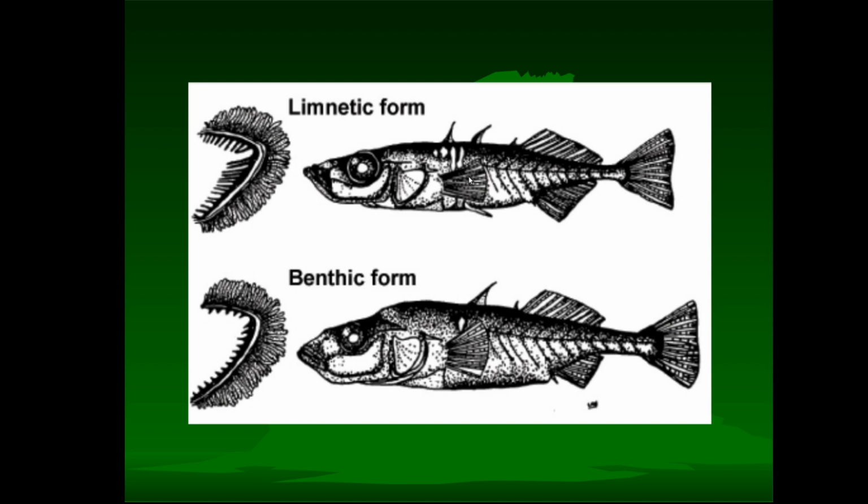fed in the limnetic habitat, that means in the lake water column, while the species with the shorter gill rakers fed in the benthic habitat at the bottom of the lake. So in sympatry, there was complete separation of the two species into different habitats, different food supplies that were exploited with different gill raker morphology.